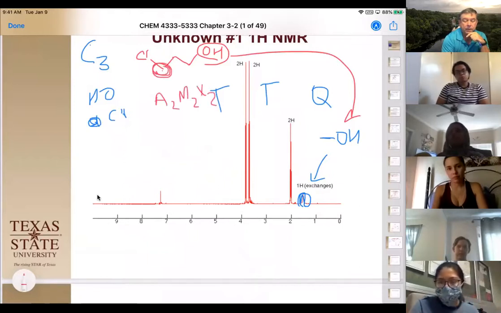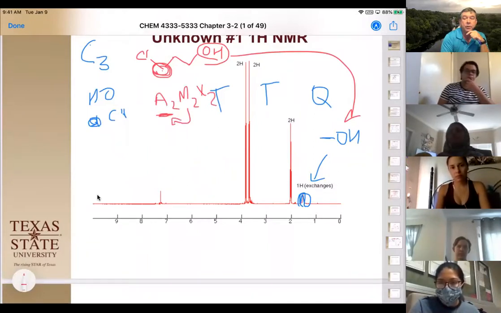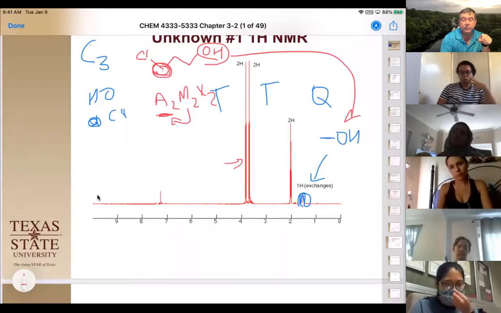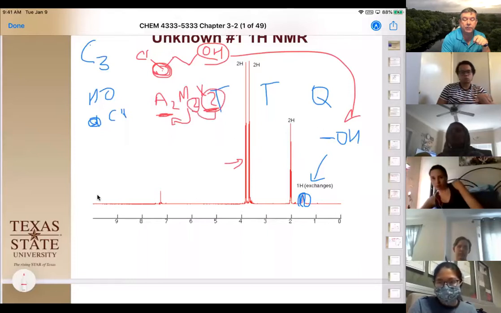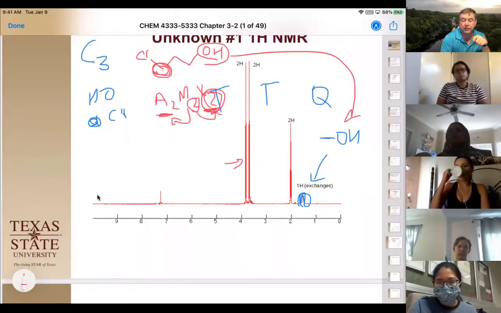Going from this right here, we expect to have 2 protons that are split by 2 protons, giving us a triplet with an integration of 2. Let's look at this X here. We have 2 protons split by 2 protons to give us a triplet, and we're going to integrate to 2 protons. So we see probably that one, because that's a triplet and that's a triplet.